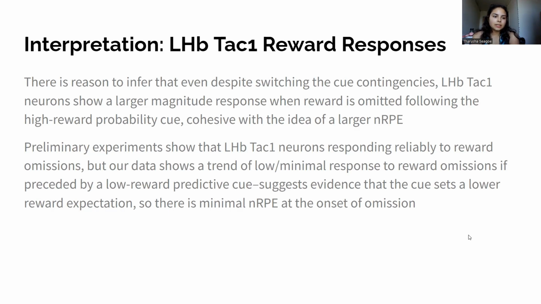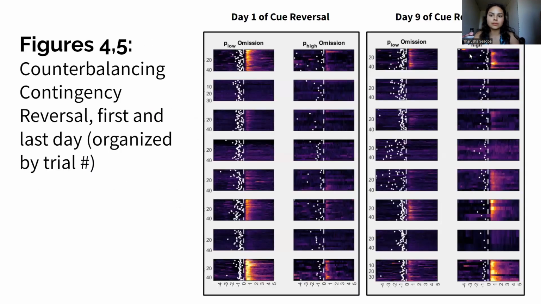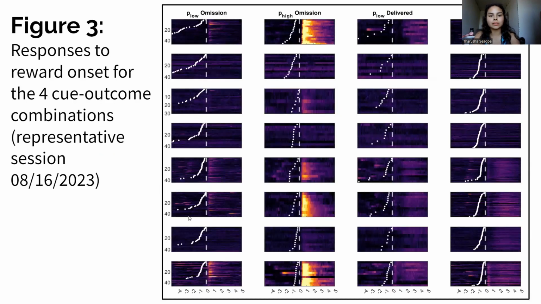We also did see that in the low probability cue and the omission following that, there was almost no response, right? We can look at this one, it's easier to look at.